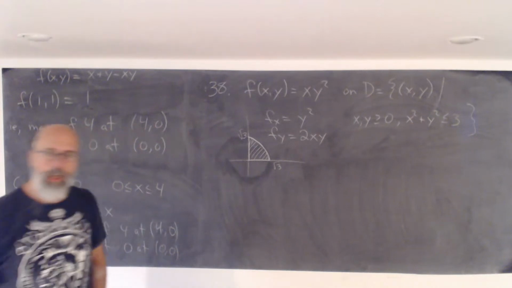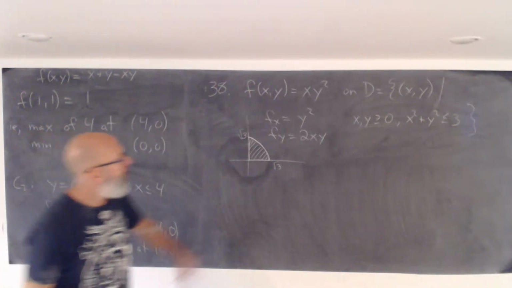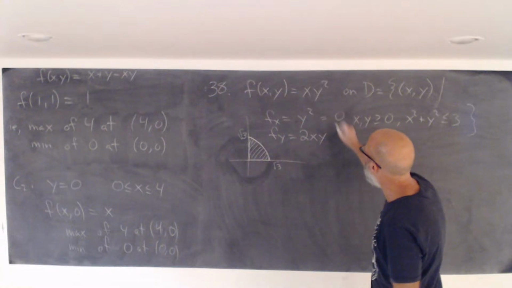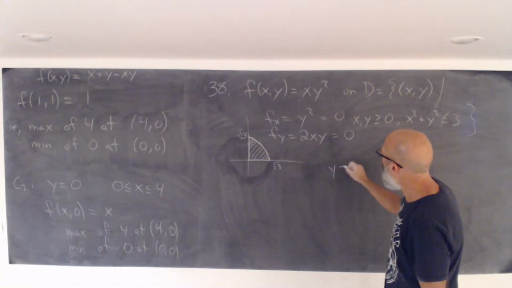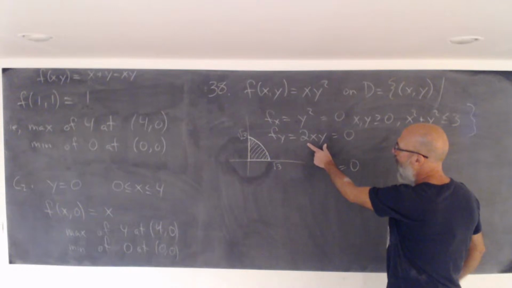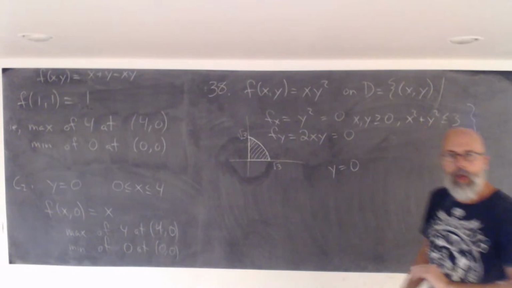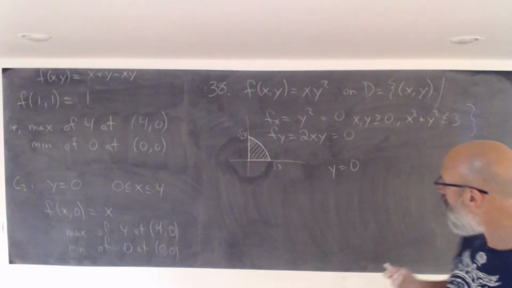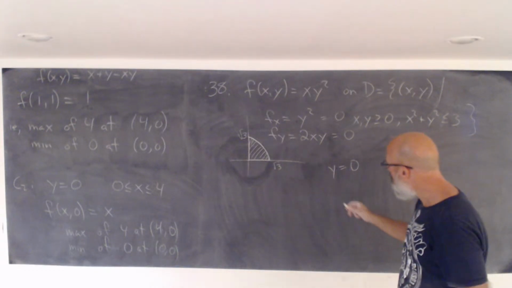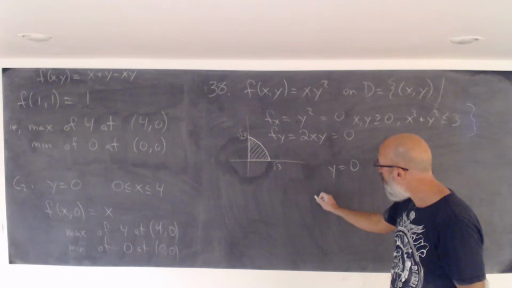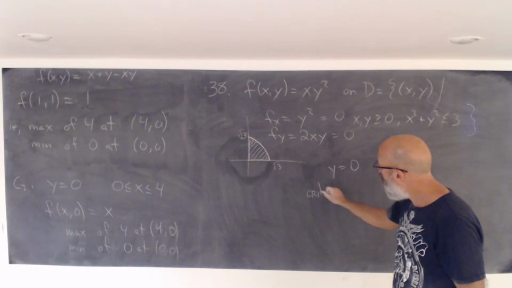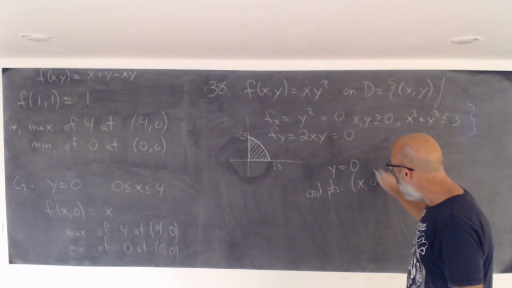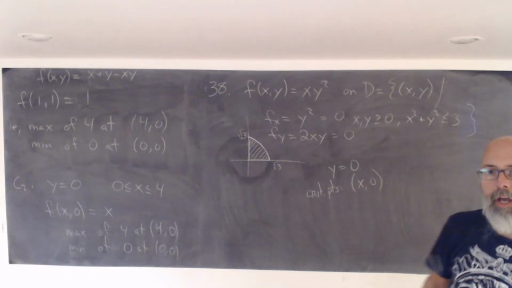And you see that if y is 0, I mean, from the first one equal to 0, we get that y has to be 0. And if y is 0, x can be anything. So here you get infinitely many critical points. x can be anything as long as y is 0.